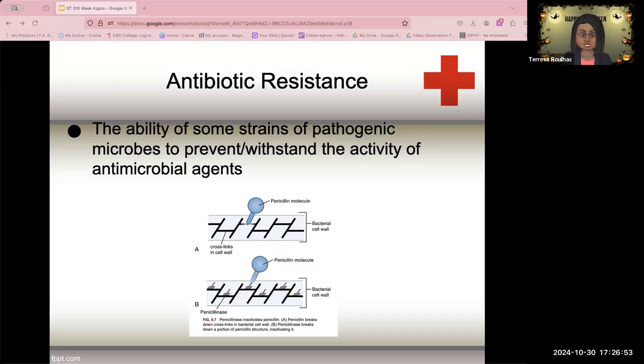Microorganisms may also develop enhanced efflux pumps, which are protein structures that actively transport the antibiotics out of the cell before it can exert its effect, effectively lowering the drug concentration inside the bacterium. We also talk about superbugs.